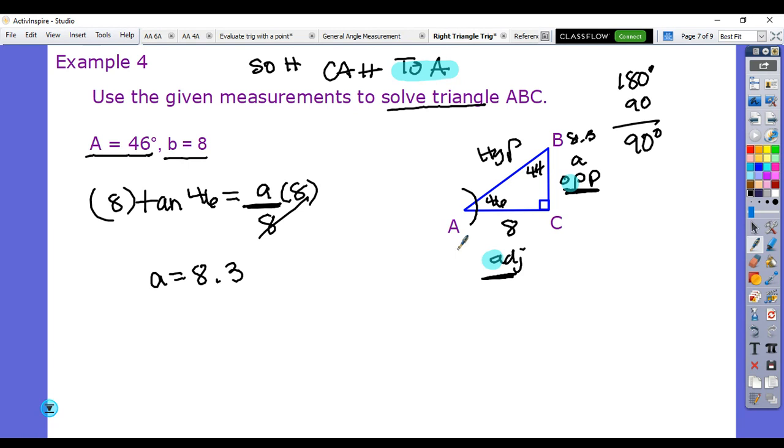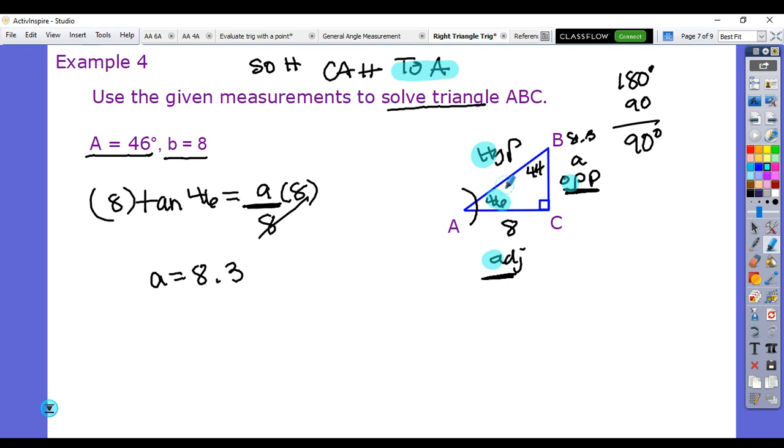All right, now we're going to find the hypotenuse. You don't want to use any approximated values. So what we're going to do is still use angle A. And this time, if I'm using angle A, I'm using the adjacent. And now I'm going to use the hypotenuse.